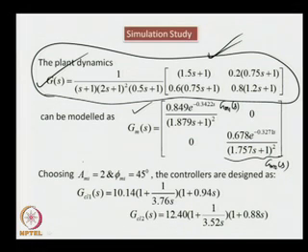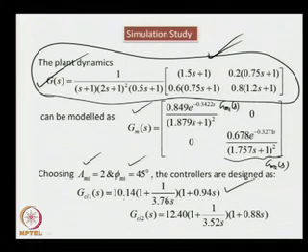Next, choosing the phase margins of 2 and gain margins of 45 degree for both the loops, the controller parameters are designed in such a way that we have got two series PID controllers for the TITO process given in the form of GC1(s) equal to 10.14 times 1 plus 1 upon 3.76 s times 1 plus 0.94 s, and GC2(s) equal to 12.4 times 1 plus 1 upon 3.52 s times 1 plus 0.88 s.